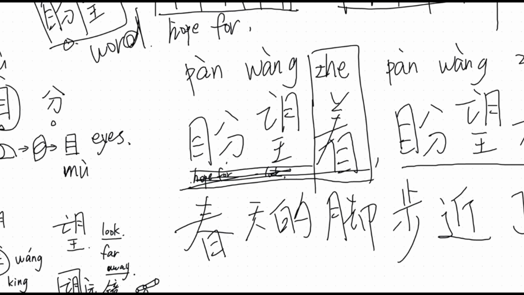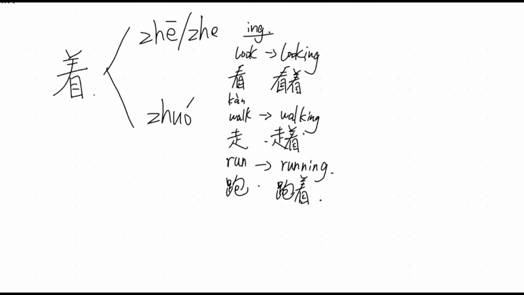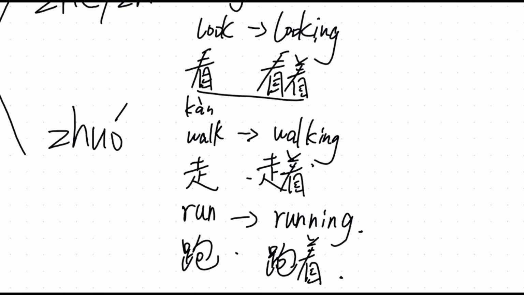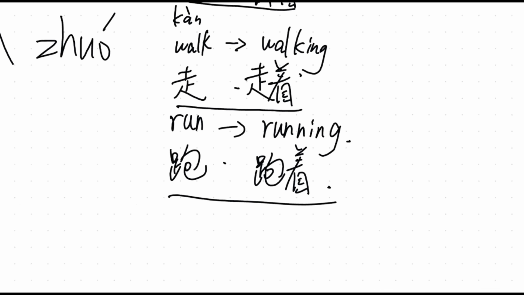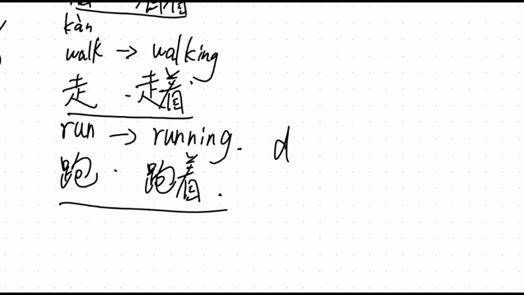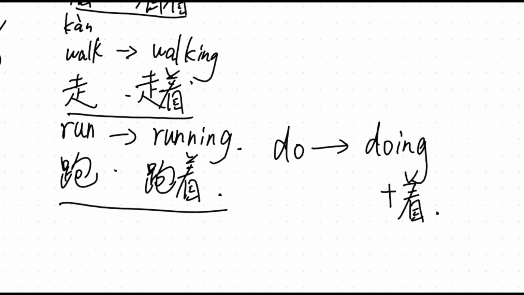I'm doing this right now. I'm hoping right now. Okay. Everything, when you add a 着 here, it becomes ing. Doing becomes doing. Is to add this character in Chinese. Any problems? Any questions about this one? Okay.